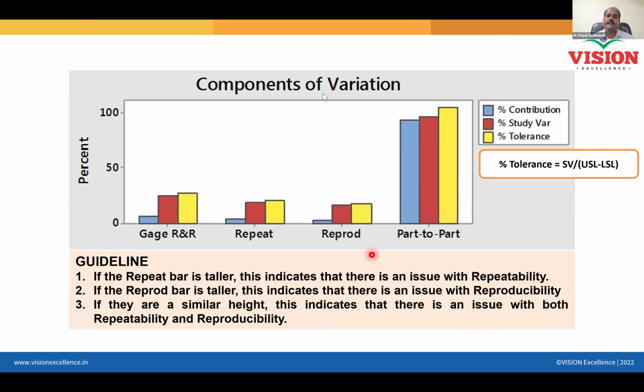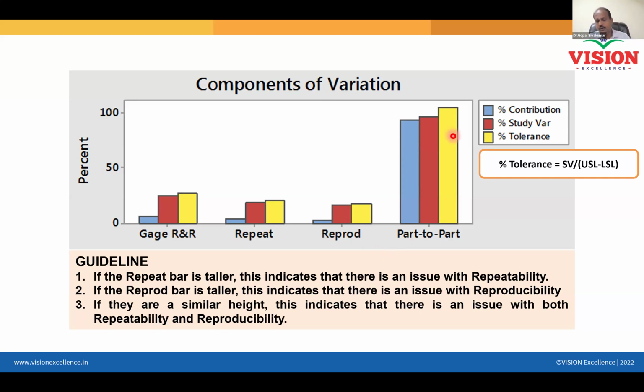Only in the event you don't know the upper spec and lower spec, you must use the red one. If you have not typed the upper spec, the lower spec, or the difference, and you don't have any clue about customer tolerance, only in that case should you use the red one. In all other cases, the yellow one.